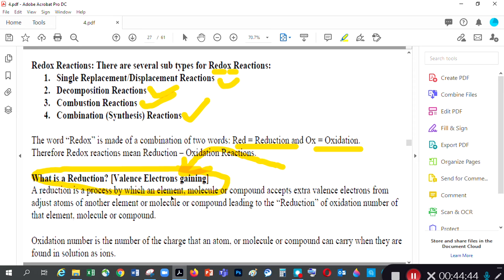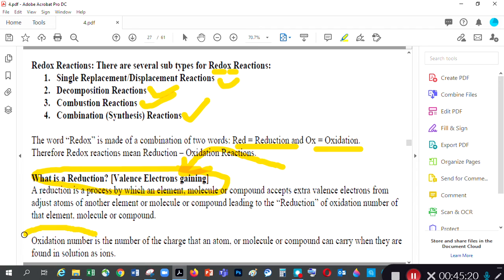The oxidation is the opposite: losing those valence electrons, and the charge that the ion carries will be increased, not decreased. So oxidation means an increase of the oxidation number, and the reduction means decreasing the oxidation number, the charge that the ion carries during the reaction.